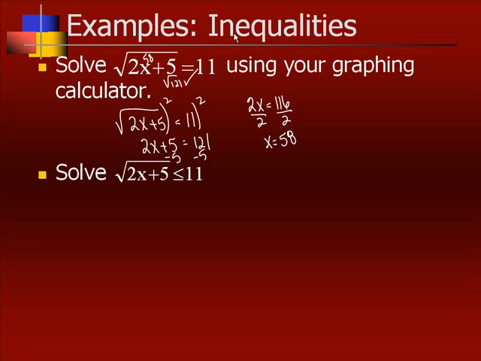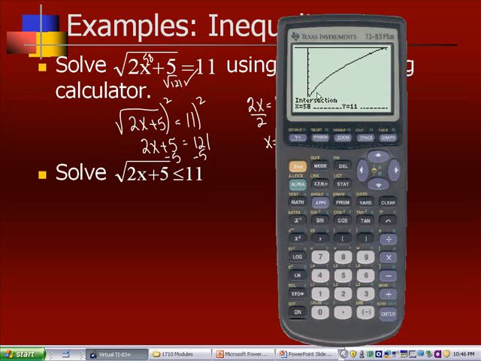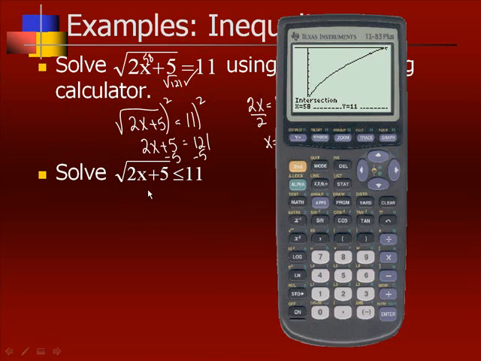Now, if we were doing this one, the square root of 2x plus 5 is less than or equal to 11. Well, on our calculator, we're going to look to see, well, the 2x plus 5 graph is less than 11. It's below 11 from 0 all the way up until where they intersect. So in that case, we would say that the solution would be from 0 to 58.